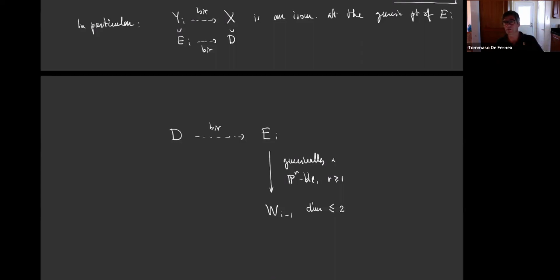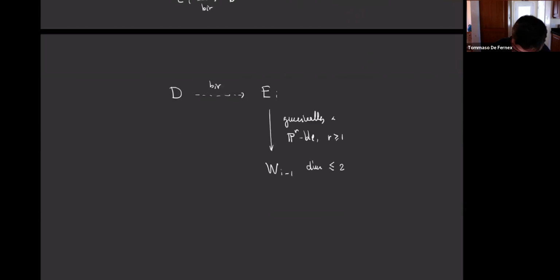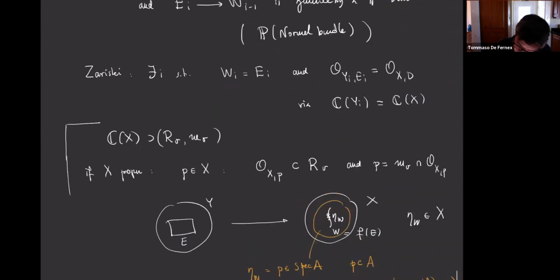But now this map is a fibration, because I'm assuming, let me write it here. I'm going to take this EI also such that WI minus 1 is a proper closed subset of the previous one. So the dimension has to be smaller.